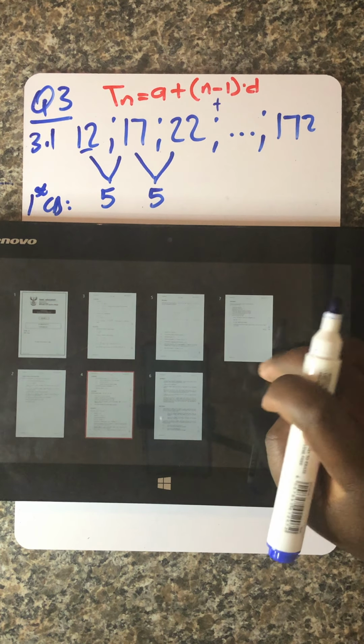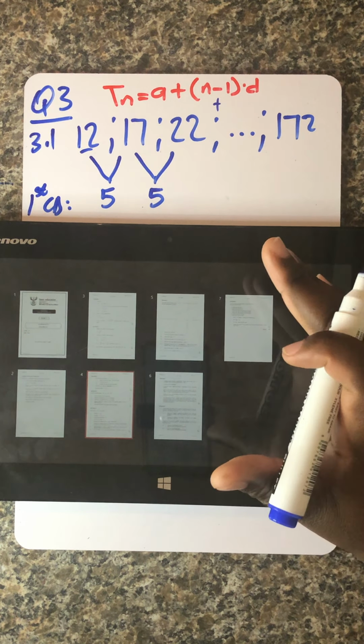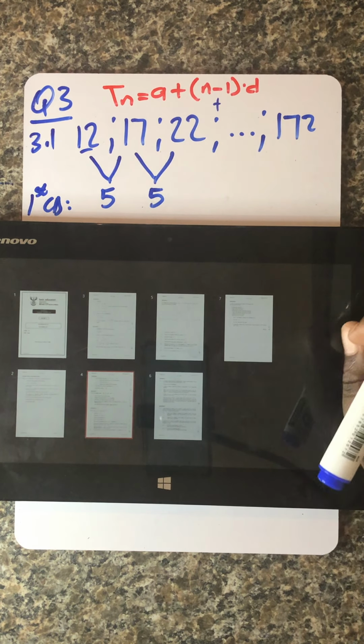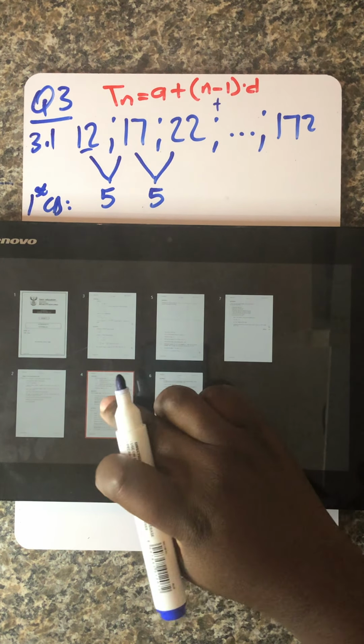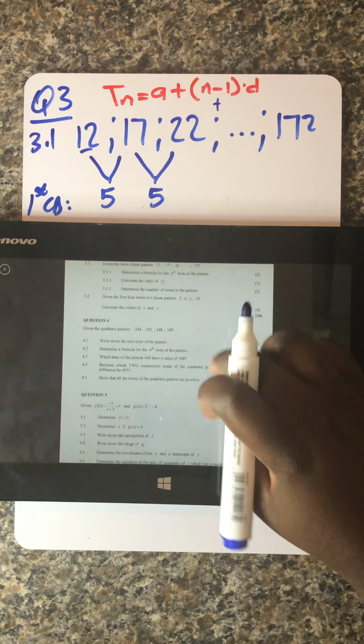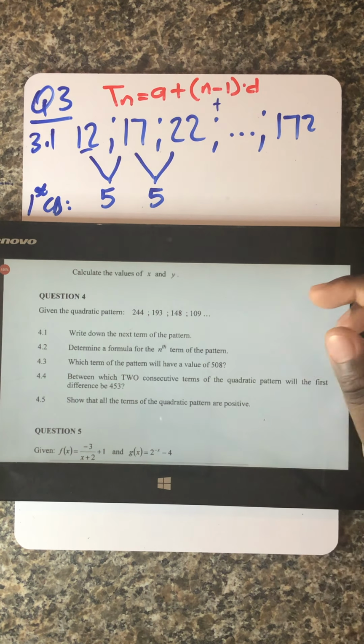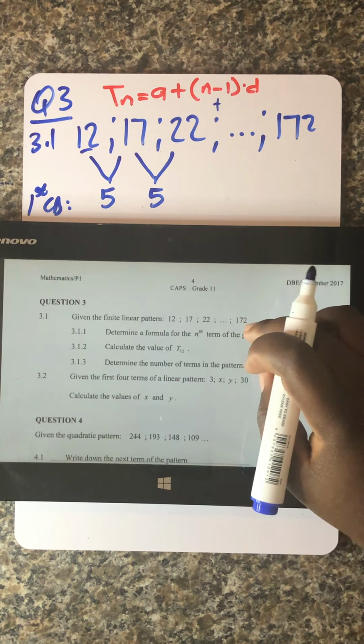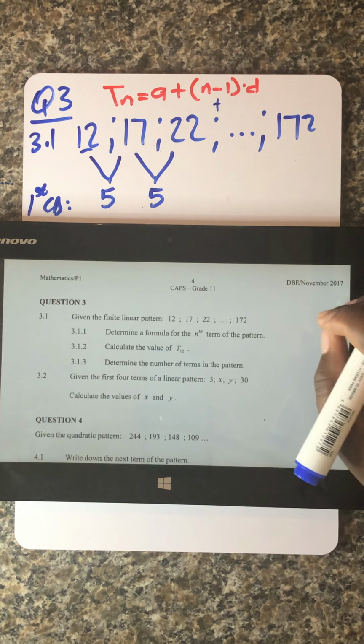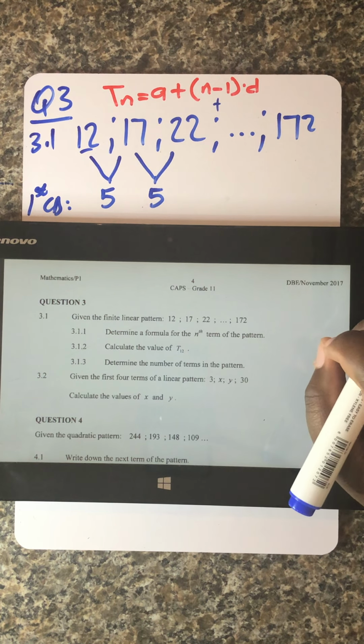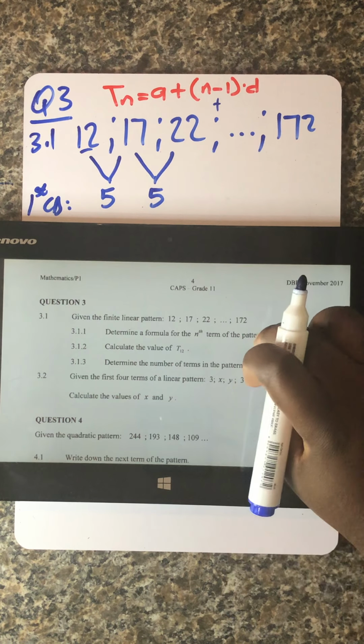So I assume in grade 11 they don't give you formula sheets, so they expect you to know those formulas by heart. I also didn't want to copy that formula from the previous question papers for grade 12s, because I think I still remember that formula.